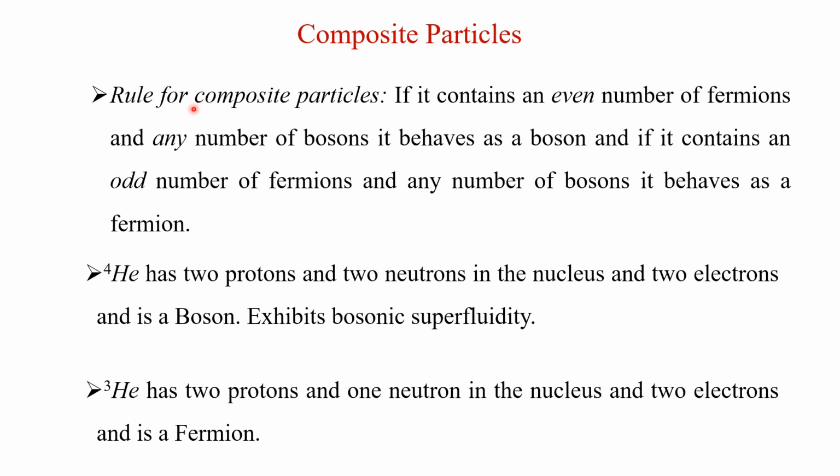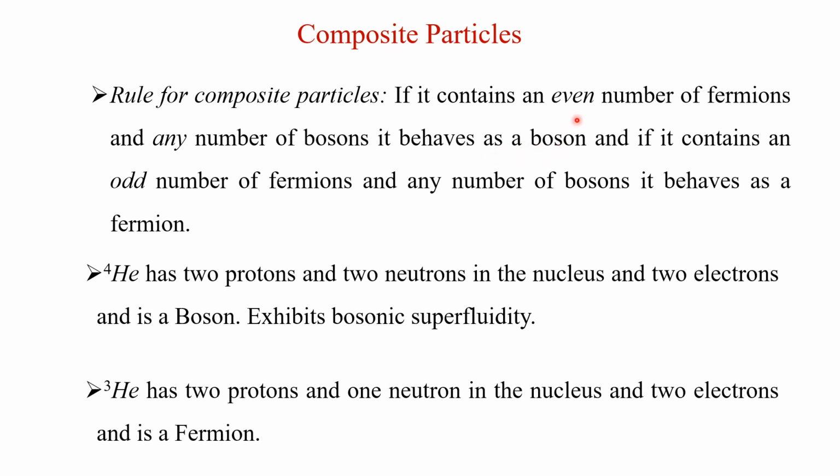We know so far we have seen for fermion spin is half integer, for boson it is an integer value. Now we will see what will happen to a composite particle. Say for example, if a composite particle contains an even number of fermions, say 2 or 4 or 6, maybe electron or proton, and any number of bosons, it behaves like a boson.